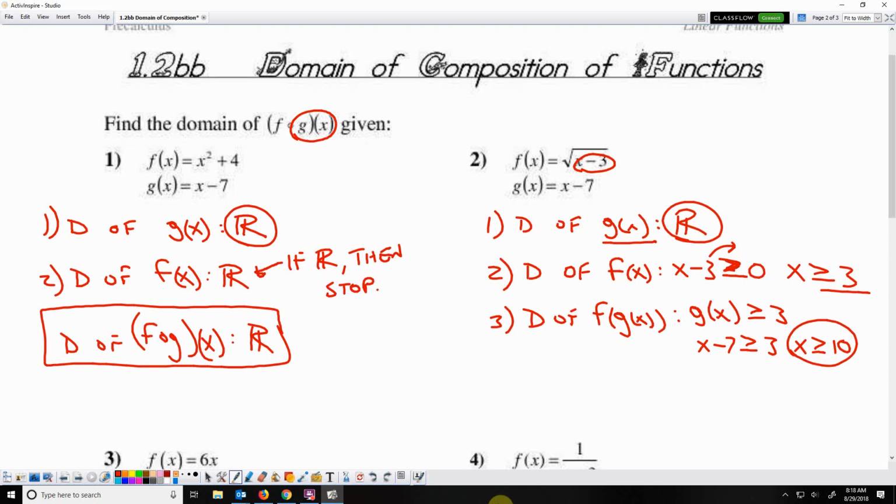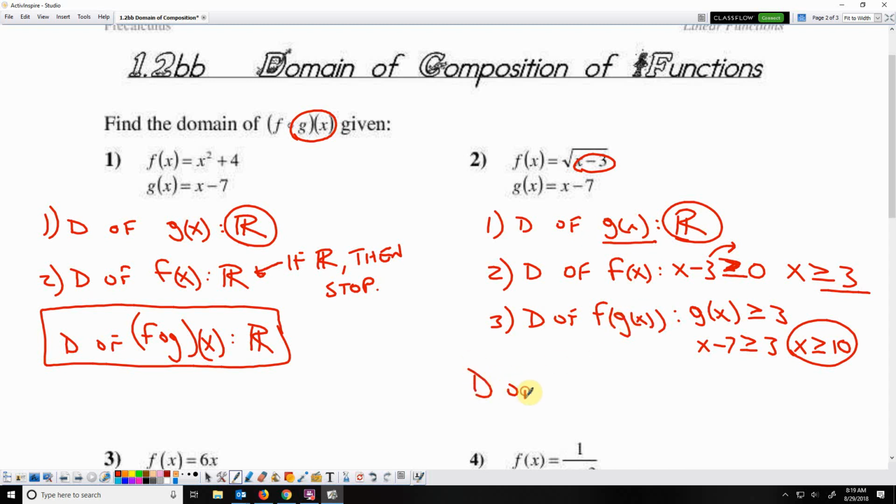The domain of f of g of x, or g of f of x, or any function of a function, must satisfy 2 things. When we overlap them, the domain will have to satisfy the domain of the inner function and the composition.